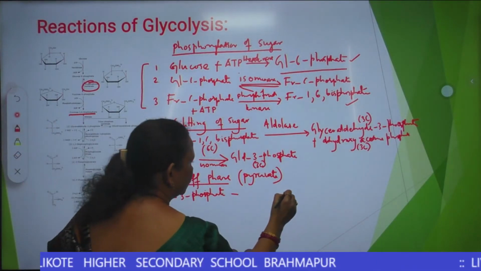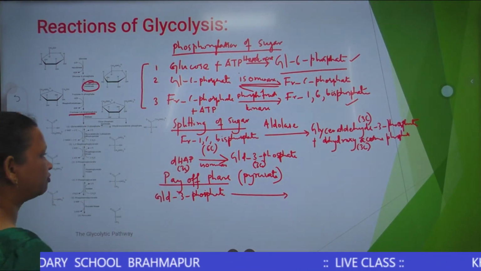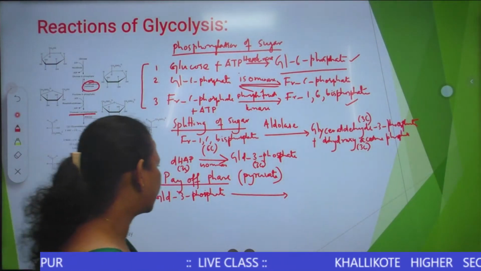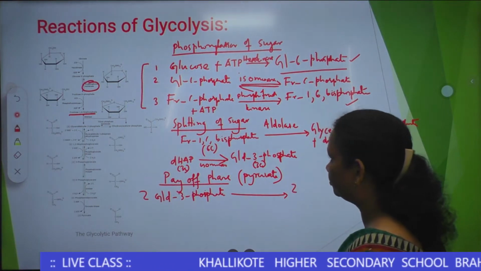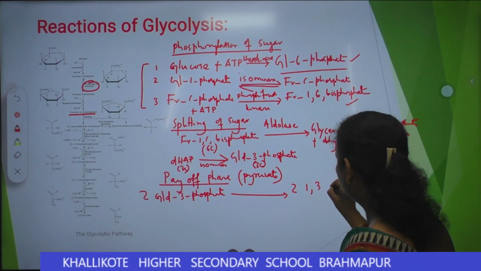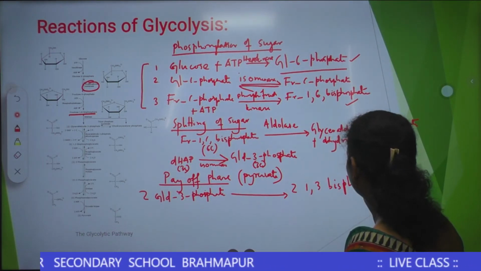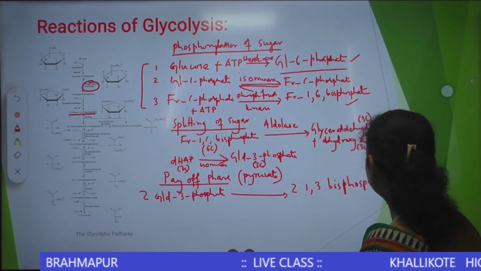Glyceraldehyde 3-phosphate is present now as 2 molecules, and it gets converted into 2 molecules of 1,3-bisphosphoglycerate.